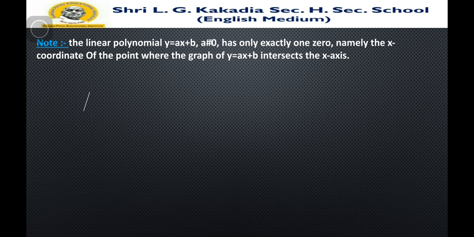So we note here that the linear polynomial y is equal to ax plus b, a does not equal 0, has exactly one zero, namely the x coordinate of the point where the graph of y is equal to ax plus b intersects the x-axis.